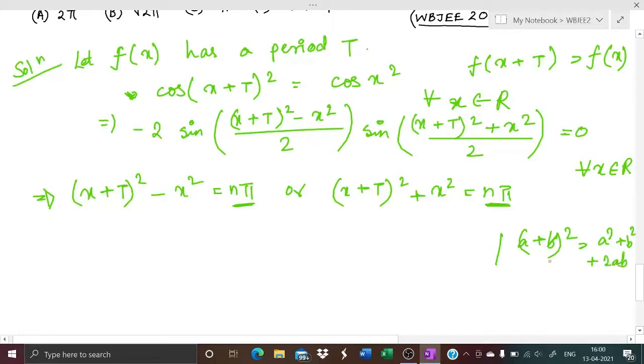Here you can put any value, suppose 2 plus 3 whole square is 5 square, and 2 square plus 3 square plus 2ab will also give the same value. LHS equals RHS always, for any value, because it is an identity. But in this case this is not an identity. This is a quadratic equation.